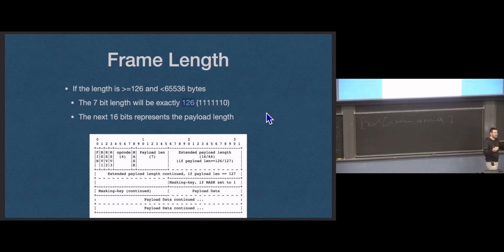So it's exactly the second highest value that we can represent in 7 bits. If we see this 126, that tells us the next 2 bytes are our actual payload length. So read the next 2 bytes, smash those 2 bytes together, read them as one integer value, and that's your payload length.